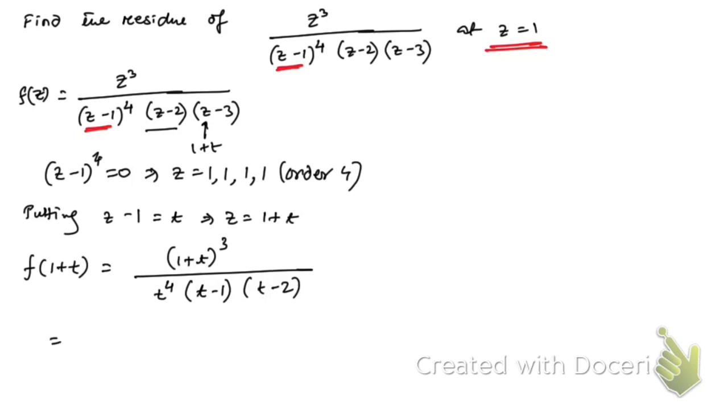it can be written in this way: 1 by t to the power 4. If you cube it, that means if you apply the whole cube formula, that's going to be t cube plus thrice t square plus 3t plus 1, and we can expand it this way: t minus 1 whole to the power minus 1.